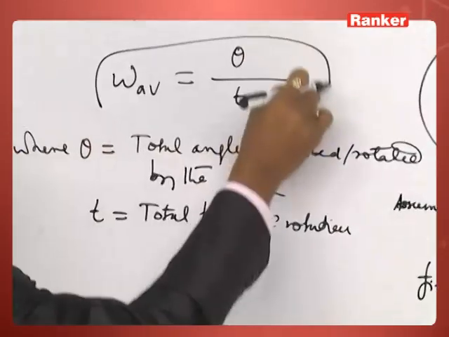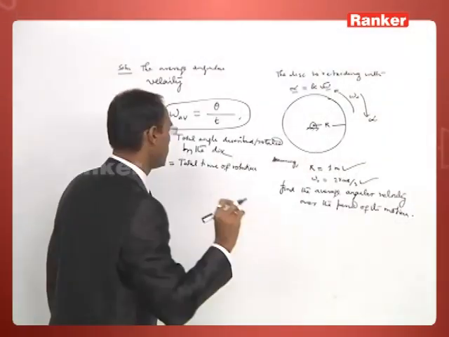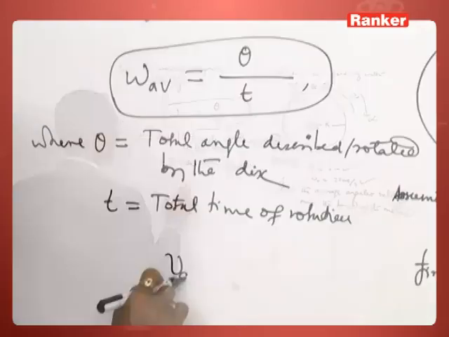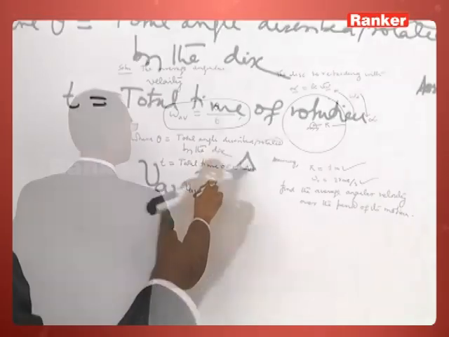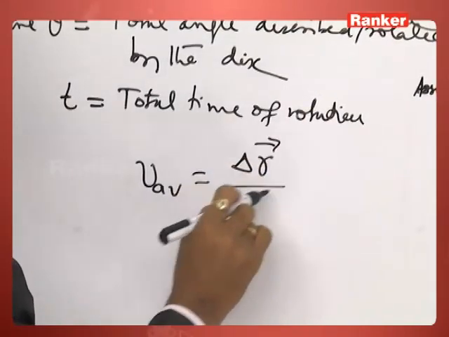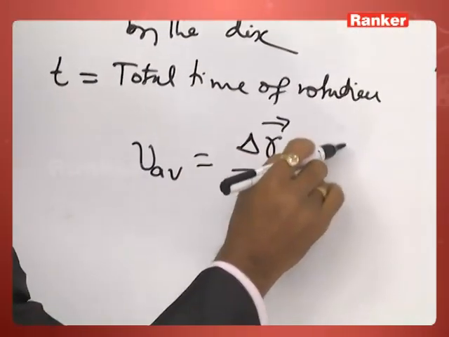This formula is analogous to the formula for the average linear velocity is equal to net displacement by the time interval.